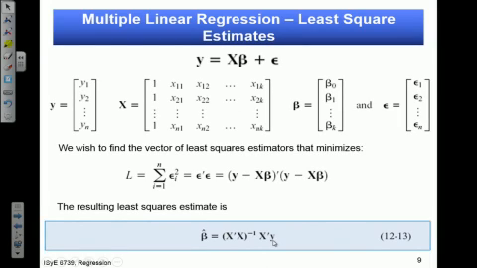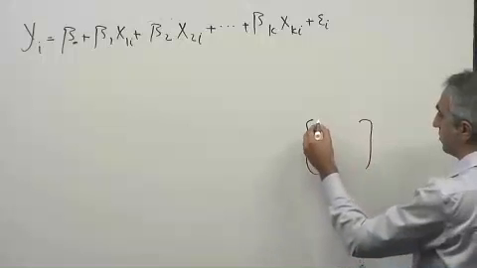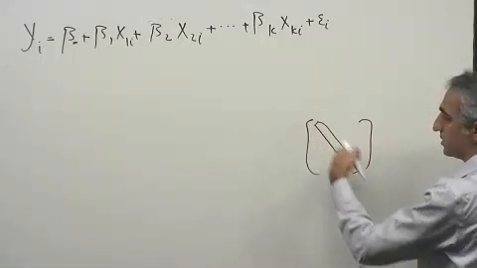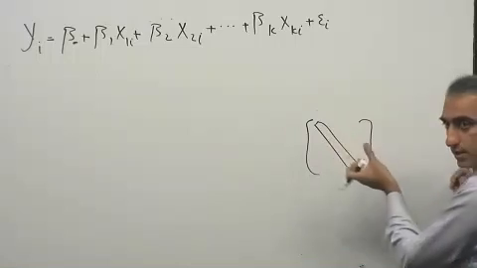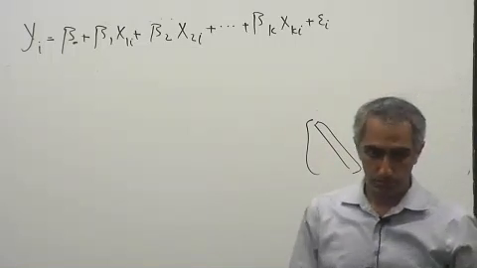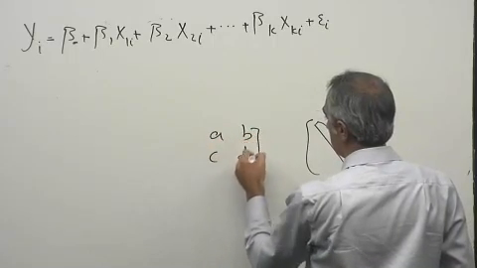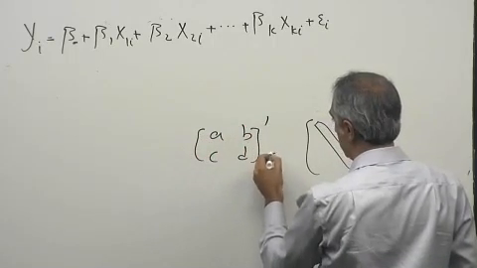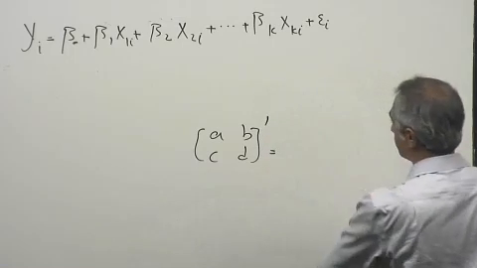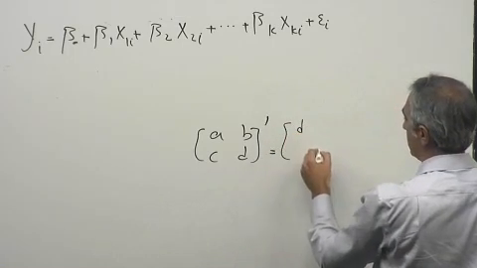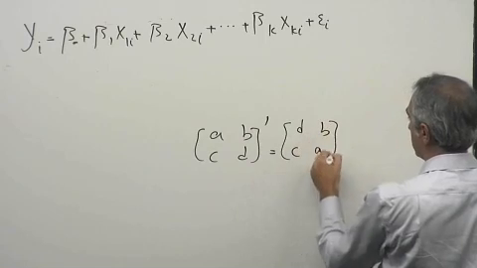Do you remember what transpose is? Everybody good with transpose? You don't change the diagonal. You just swap the off-diagonal elements. It's kind of like a mirror. So A, B, C, D. Transpose would be A, C, B, D. Okay?